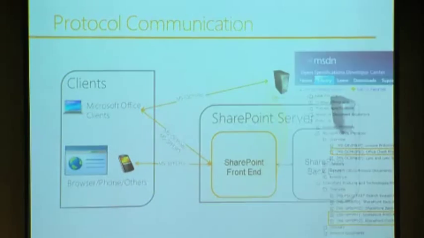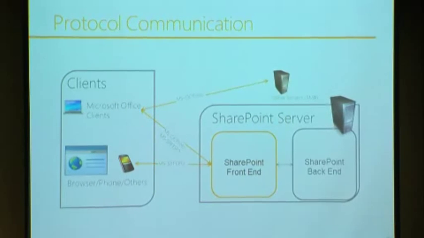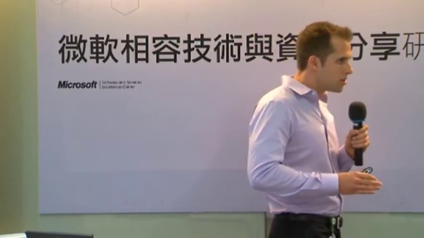So one more screenshot, another look at the protocol communication and how it looks from a network perspective. On the left-hand side of the screen are the clients. It's all the clients that communicate with SharePoint. You've got the Office clients, and you could have the browser as a client. You could have mobile clients. And all that communication, again, goes through the front end.